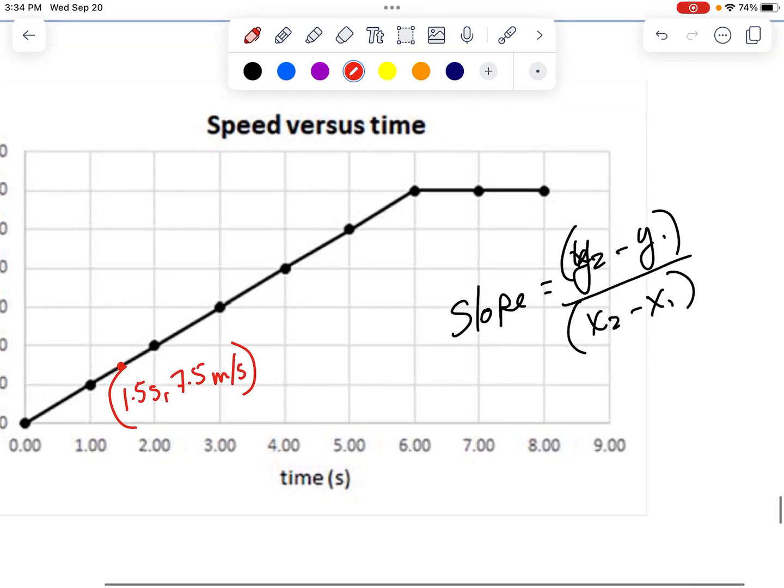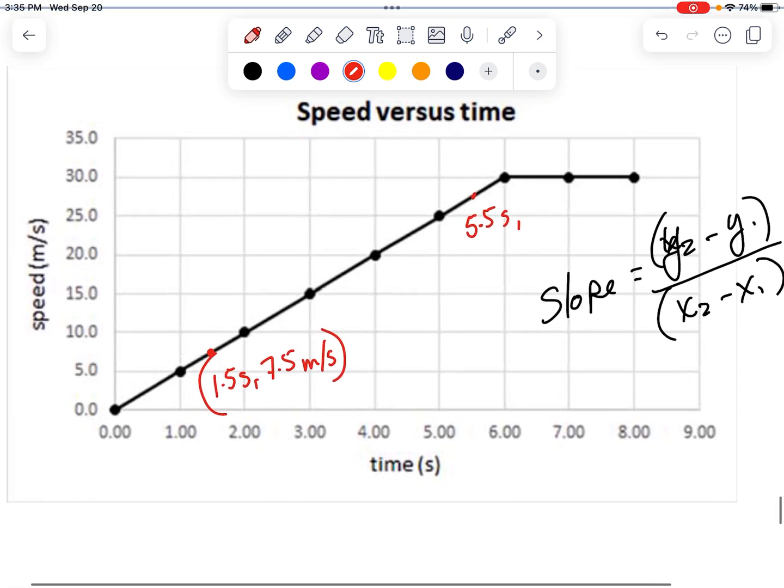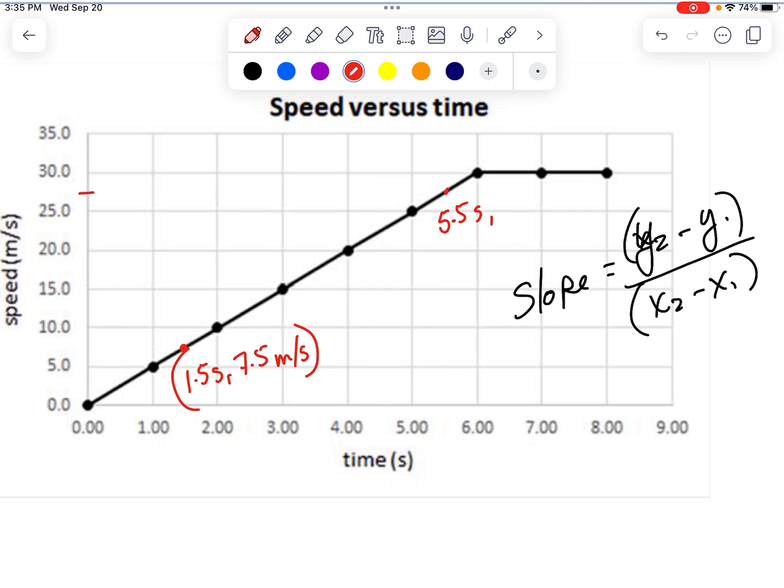And here will be 5.5 seconds, and it's at what looks like halfway through here, so 27.5 meters per second.